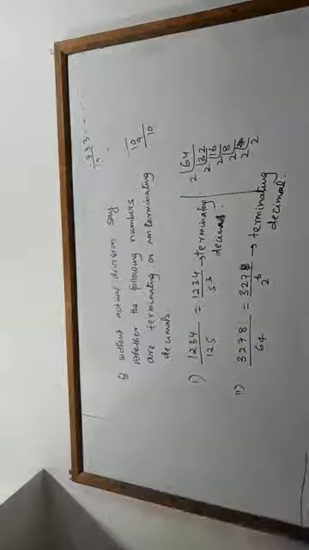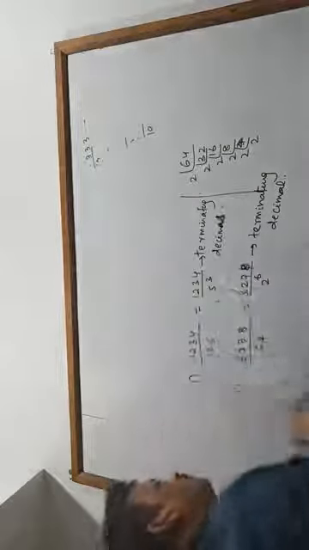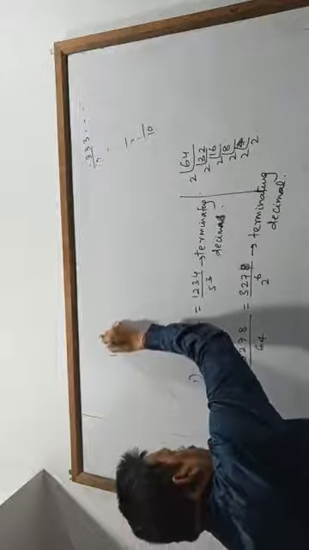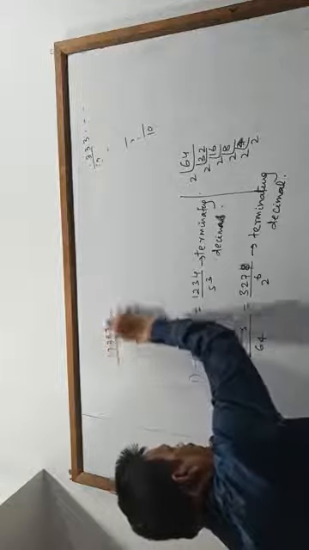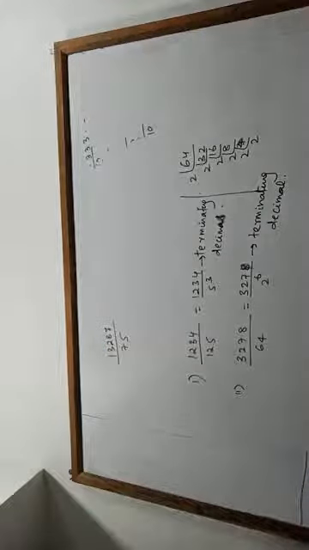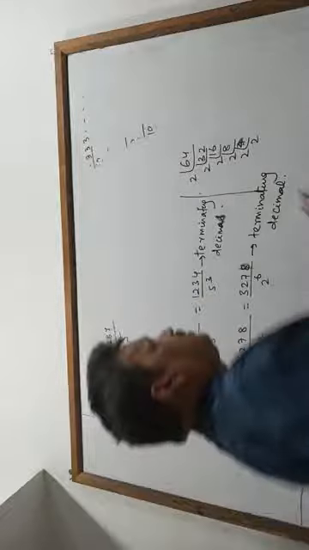Okay. Let's take another example. 13287 divided by 75. Whether it is terminating or non-terminating. So what you have to do?